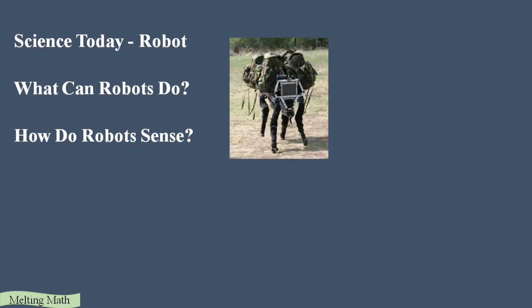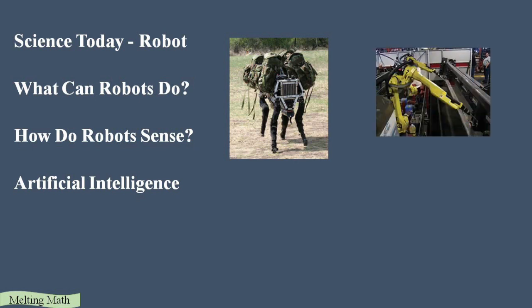Next, see artificial intelligence. In the artificial intelligence of a robot, we insert human behavior into the robot to behave like a human and speak like a human. That's artificial intelligence.